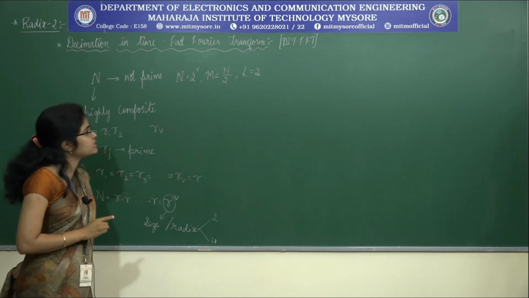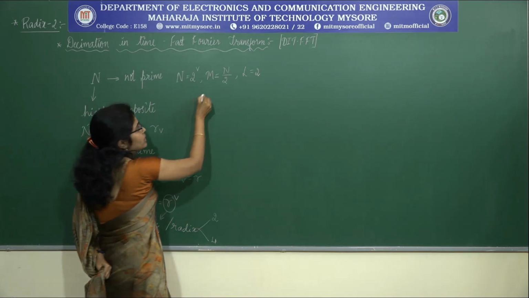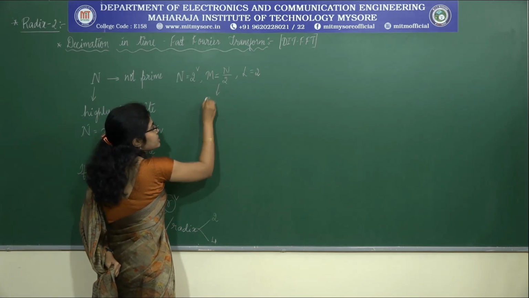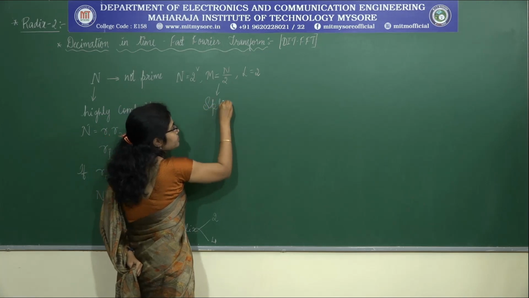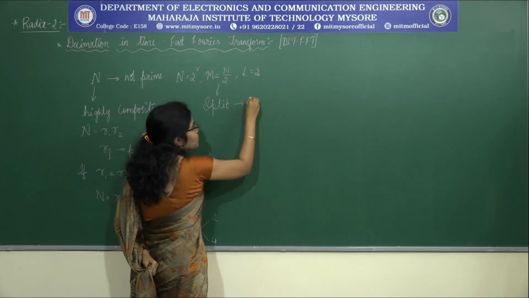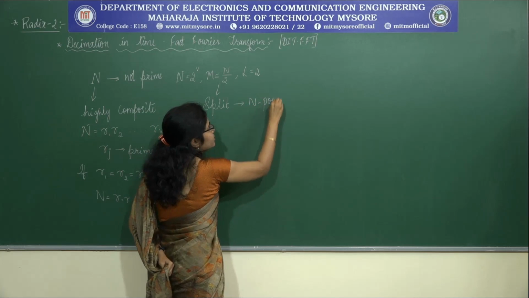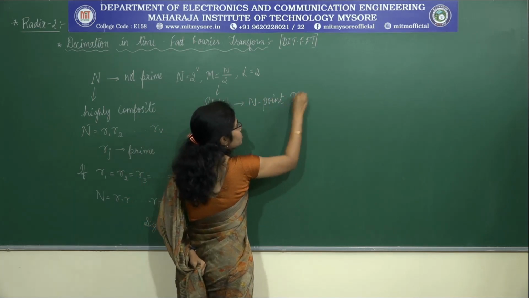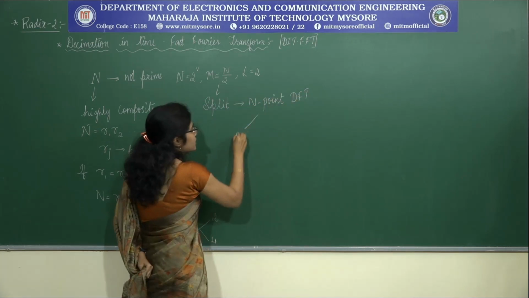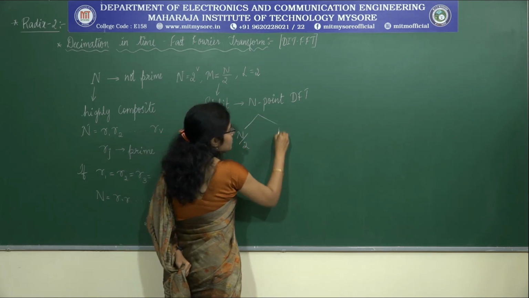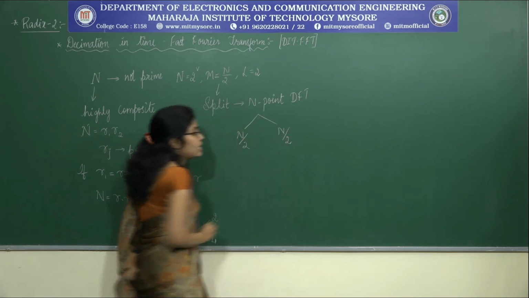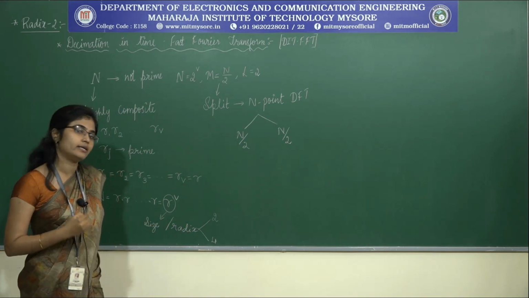If this selection is done, it results in the splitting of the n-point DFT into n by 2 and n by 2 point DFTs based on even and odd numbered samples.